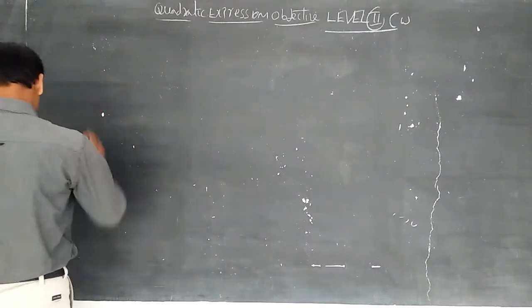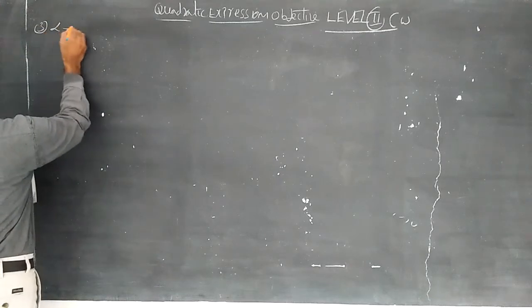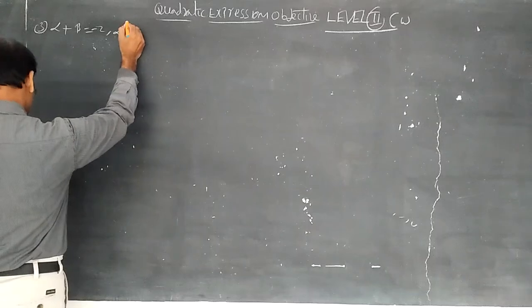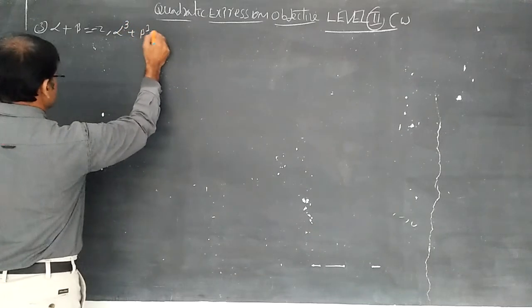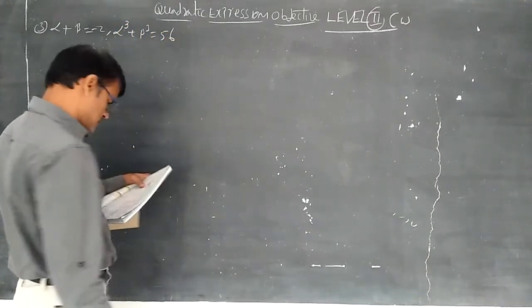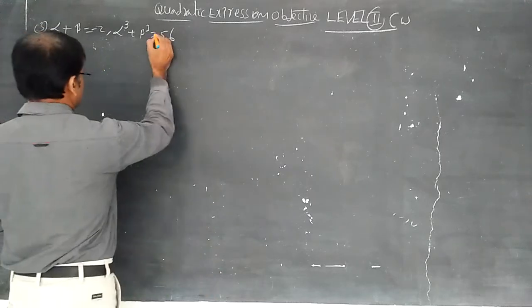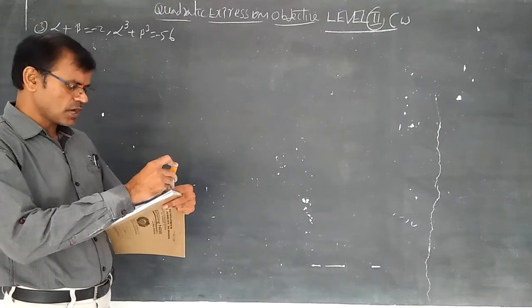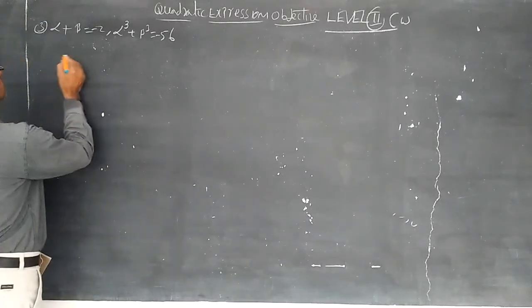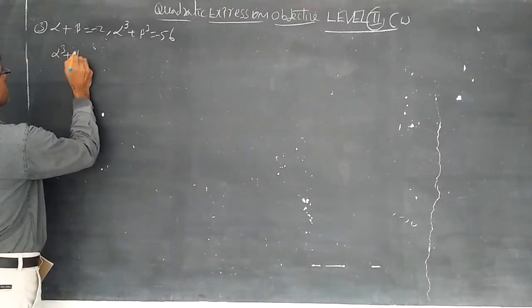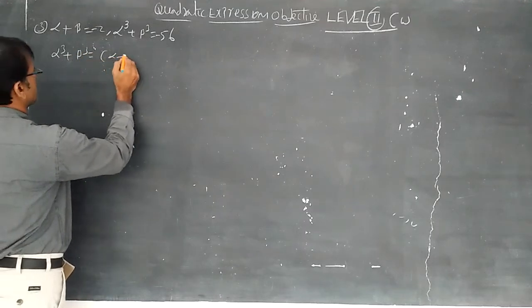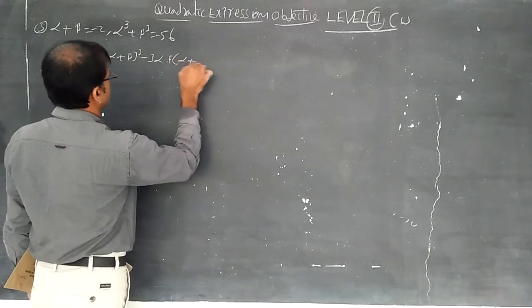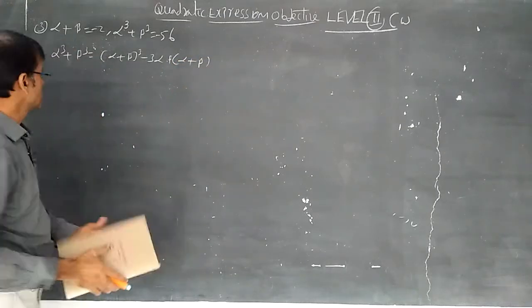Third question: alpha plus beta is equal to minus 2, alpha cube plus beta cube is equal to minus 56. Then find the quadratic equation whose roots are alpha comma beta. Using the formula, alpha cube plus beta cube as (alpha plus beta) whole cube minus 3 alpha beta into (alpha plus beta).